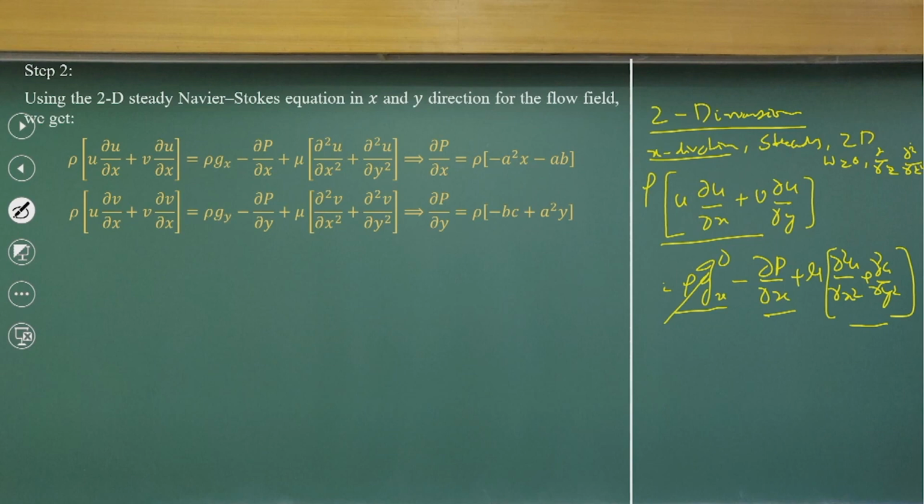The second partial derivatives of u with respect to x and y will all be 0, just by looking at the functions. So, I have only these two terms.